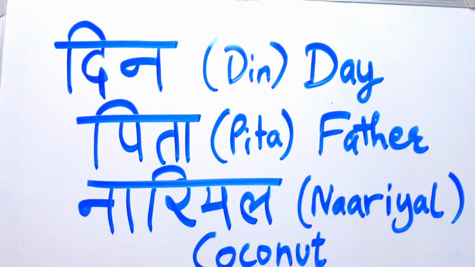Now let's see badi e ki matra. It's written in the same way, it's just on the right side instead of left side.